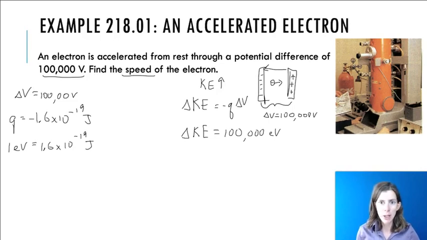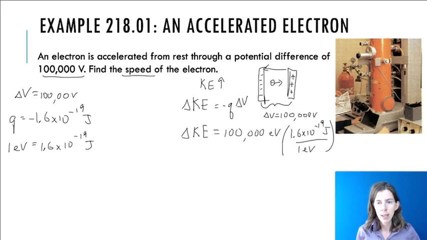So if we already know 100,000 eV, then all we have to do to convert it to joules is put 1.6 times 10 to the negative 19 joules on top and 1 eV on the bottom. That's using our conversion factor. And we can see it amounts to the same thing, that we are still multiplying 100,000 by 1.6 times 10 to the negative 19 joules.